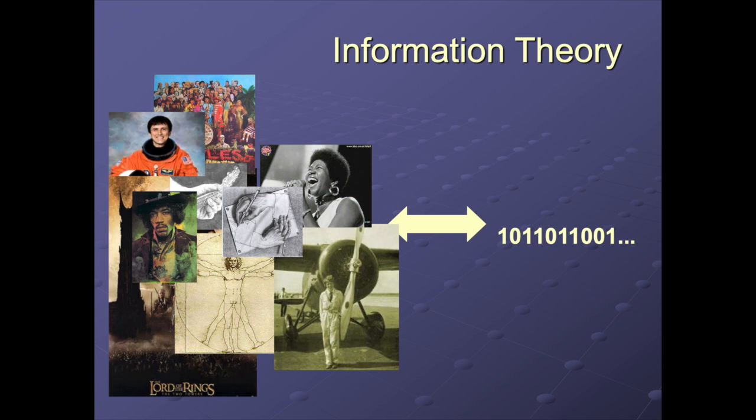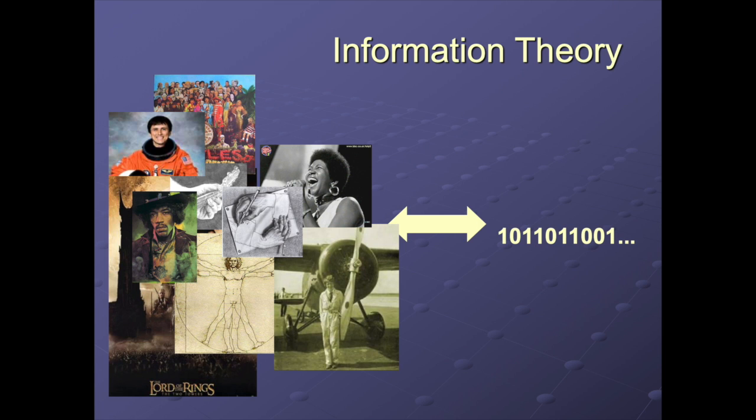Okay, so the idea here is that we have information, and in the communications context, I grabbed a bunch of pictures here. I'm thinking of music and pictures and video and art and things that we want to capture in some type of medium.